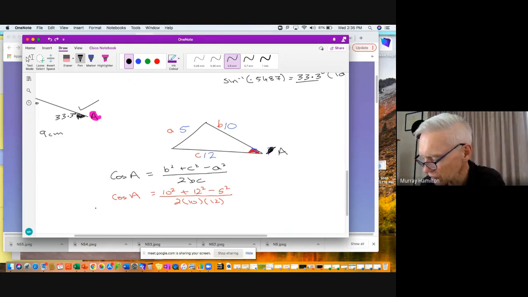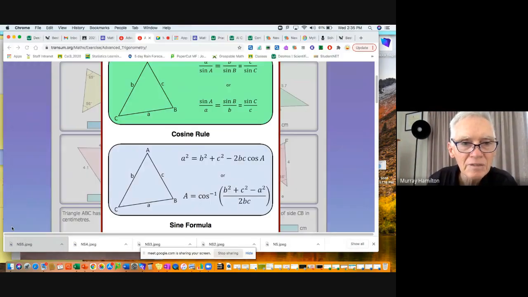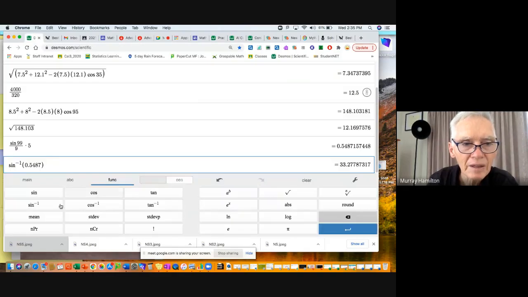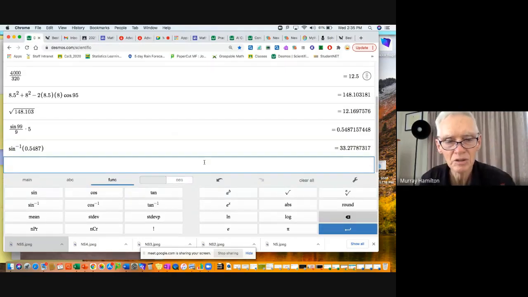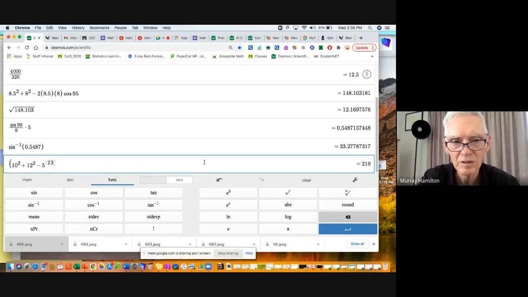I'm going to go back to our calculator, if I can find it, which is here. I need brackets around the top. So it is 10 squared plus 12 squared minus 5 squared, divided by 2 times 10 times 12.